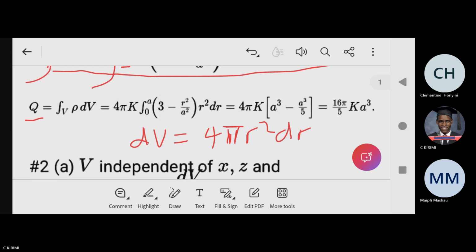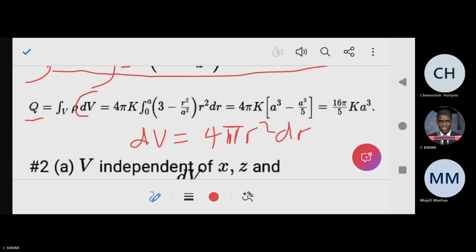My, how did we find that dV? This one. Which one? This one. This dV all of a sudden changed to dr. What happened?